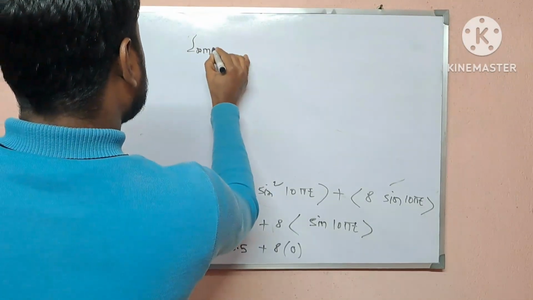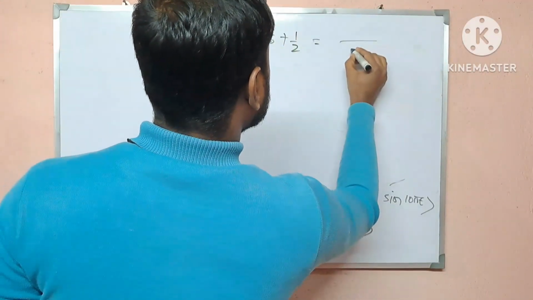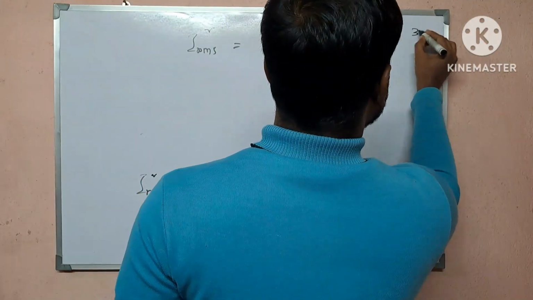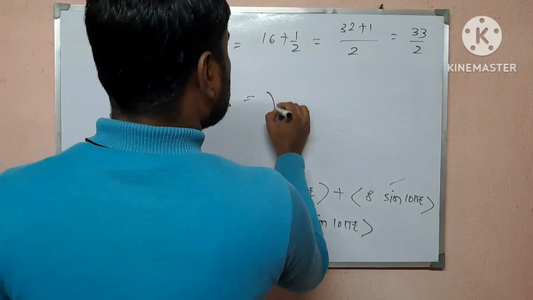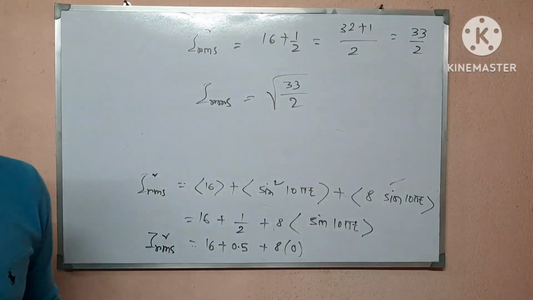IRMS square is 16 plus half, so 2 is the LCM, 32 plus 1, so 33 by 2. So IRMS is basically root over 33 upon 2. This is the RMS value of current.